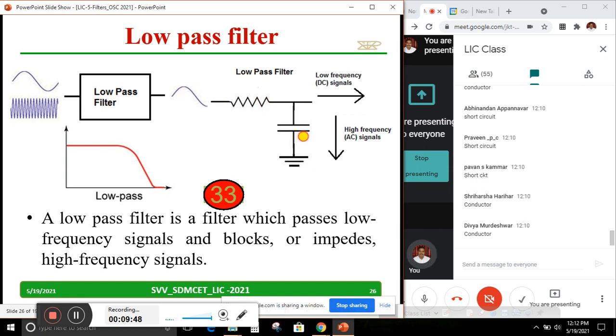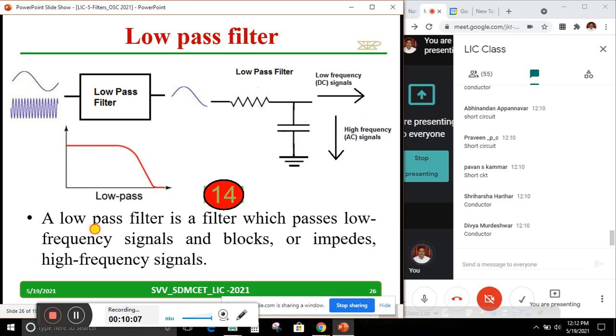Therefore it is a high pass filter if I interchange these two positions. Once you know the RC combination, why it is high pass and why it is low pass, that is the fundamental, followed by the amplifier. There is nothing else in the filter. This is the only basic thing one should understand. Copy down and try to understand.